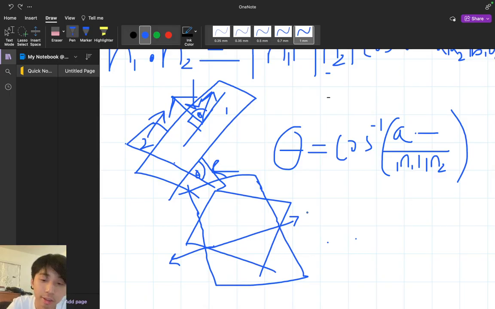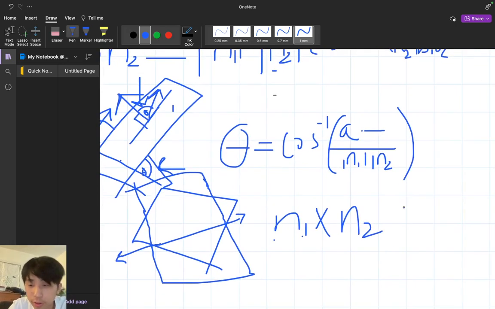And to get the vector, if they're both perpendicular, it is n1 cross n2, in order to get the parallel vector v.